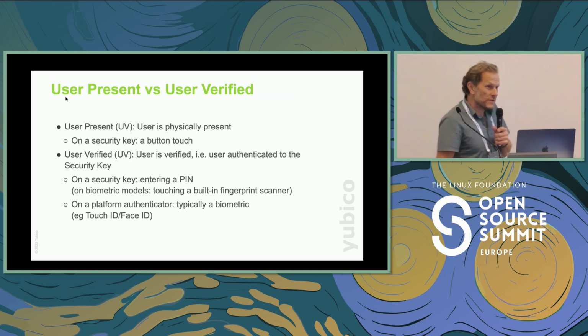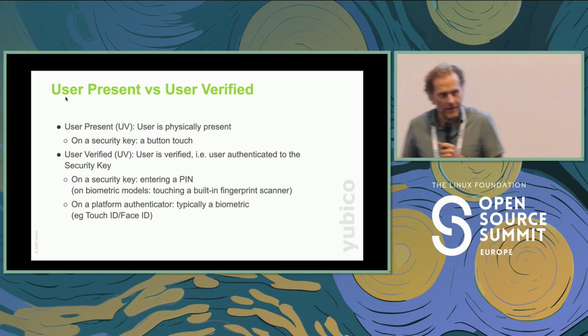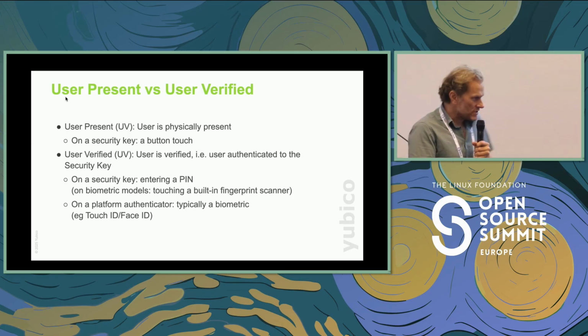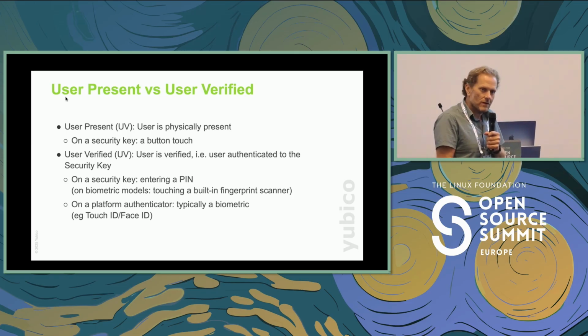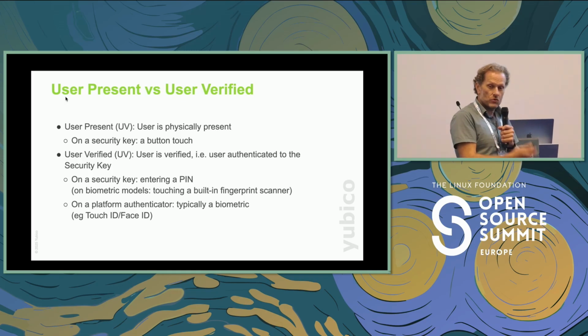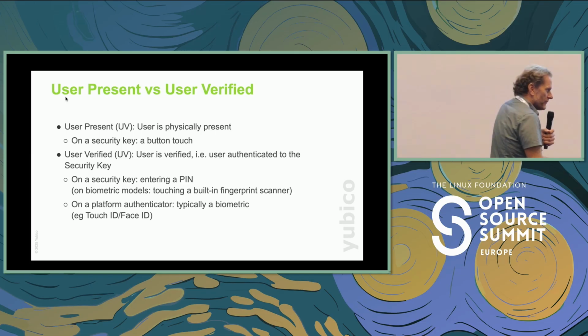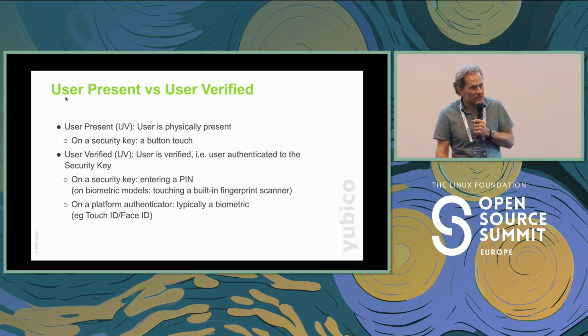Some other terms that are relevant for this course: user present and user verified. So it's not just about storing your private key on the security key. You can actually require some user gestures, and that's typically why there's a button on the security key. It is to prevent some rogue process running on your system signing something without you knowing.